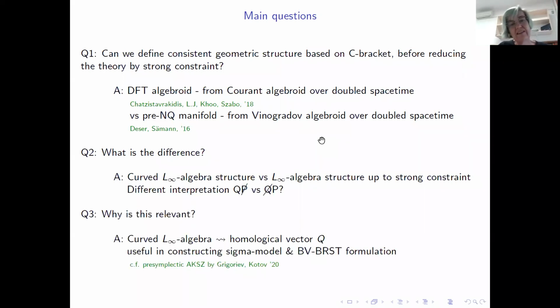So as I say, it's basically a matter of how you package, how you interpret your geometrical data in a different setting.